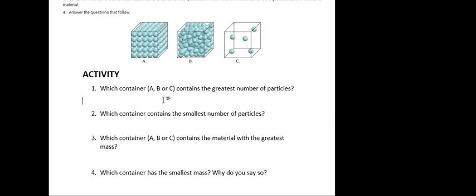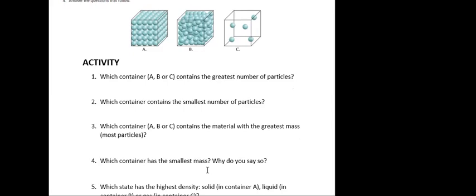B. Okay, well done, guys. It's C. And number 3, which container, A, B, or C, contains the material with the greatest mass? And how do we calculate mass? We think about which one has the most number of particles. Yeah, so it's A, right? Well done.